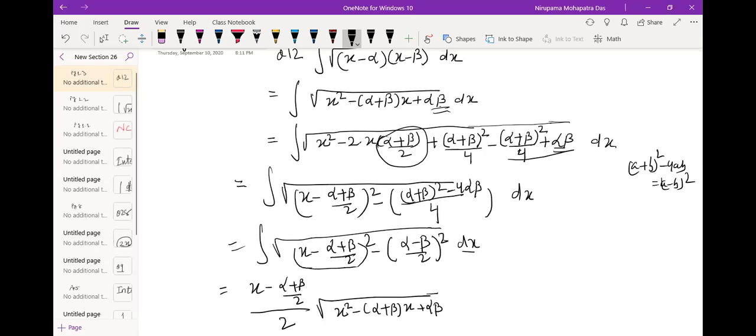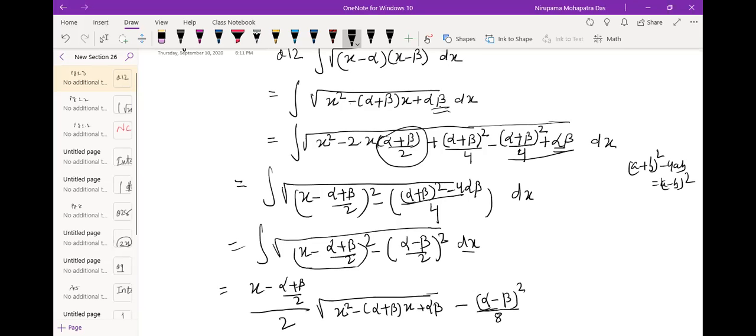Okay, minus a square by 2. A square means this. So a square by 2 means you are getting here alpha minus beta whole square divided by 2, divided by 4 already. So this by 2 means this by 8. Okay, a square by 2.